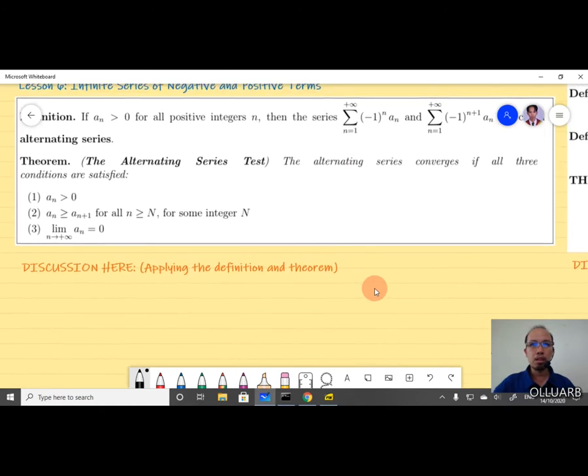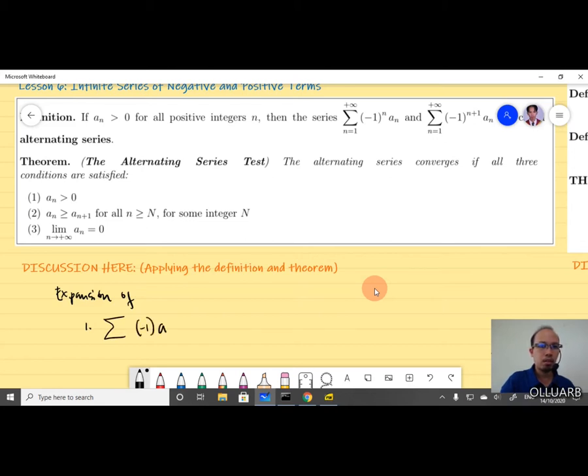But if you don't believe what I'm saying, let's try to expand the first notation. We have negative 1 raised to the power of n, a sub n, where n starts from 1 to positive infinity.